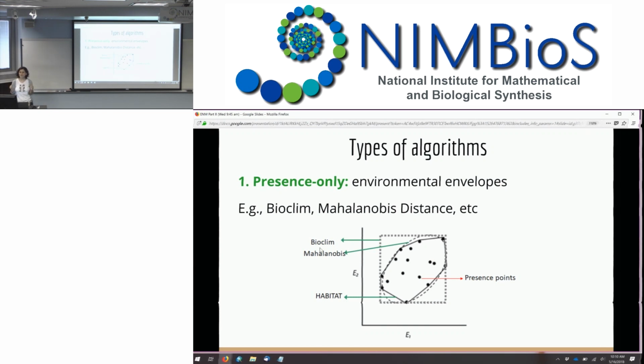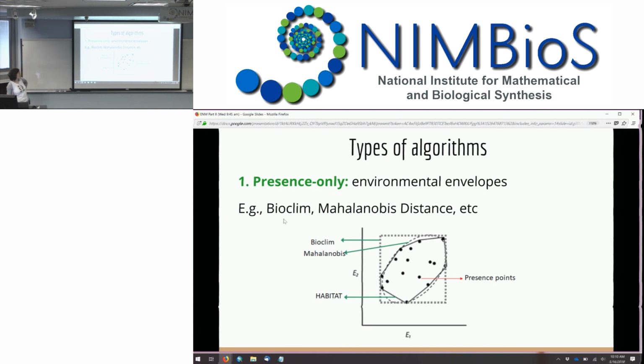Anything else? Okay, so very quickly, going through types of algorithms. Besides the Maxent that we will use, there is presence only, which basically represents environmental envelopes around the presence data that we have access to.